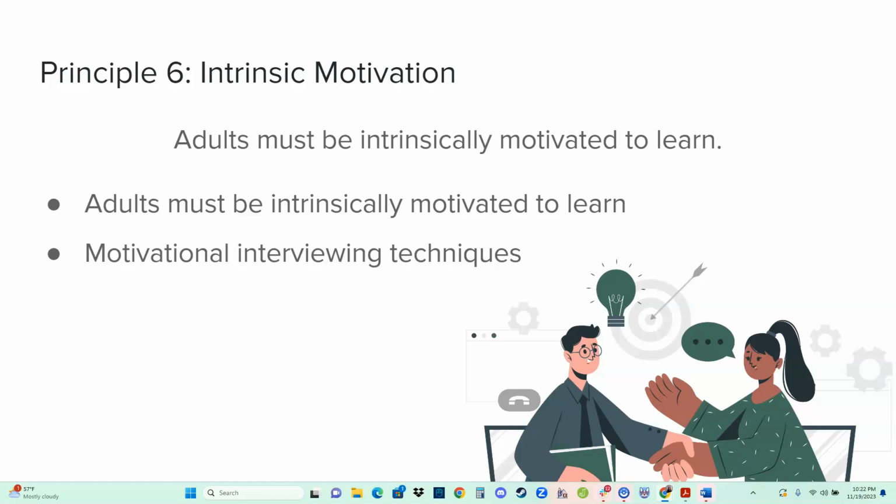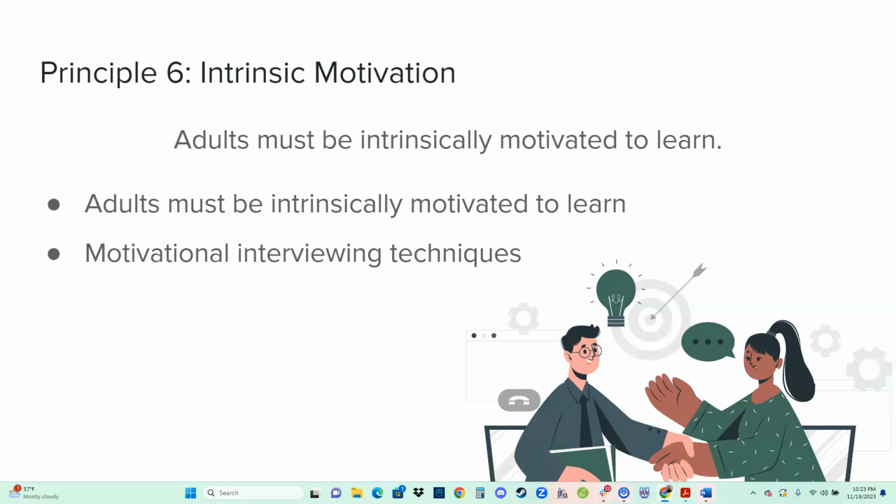Kids tend to be very externally motivated to engage in learning, right? If you do this, you're going to get a reward. This will allow you to move to the next level, whatever it is. Adults, on the other hand, are very internally motivated to learn.